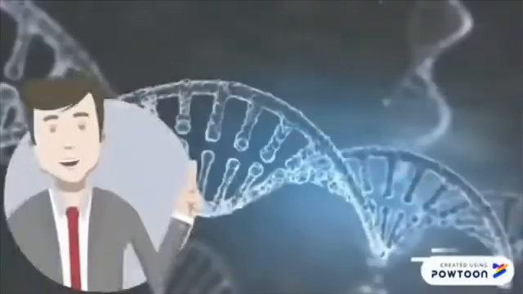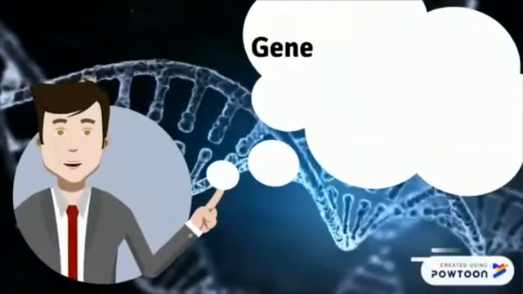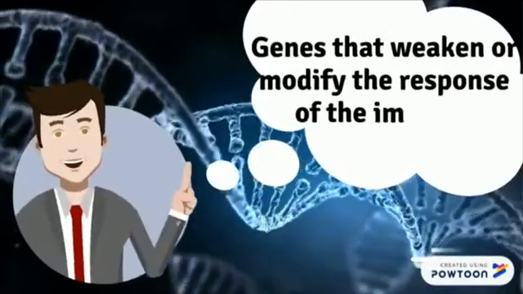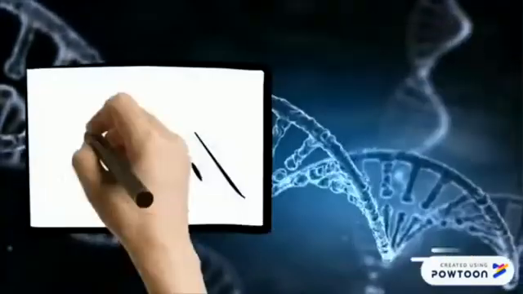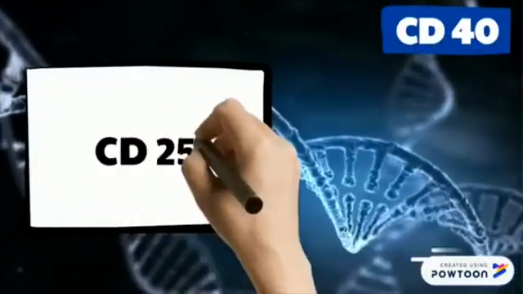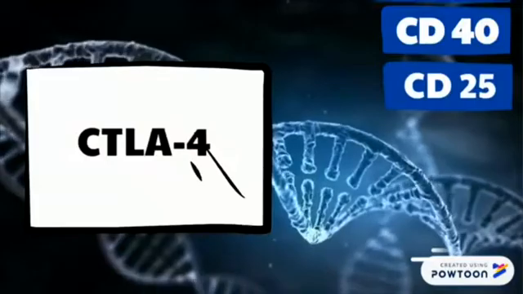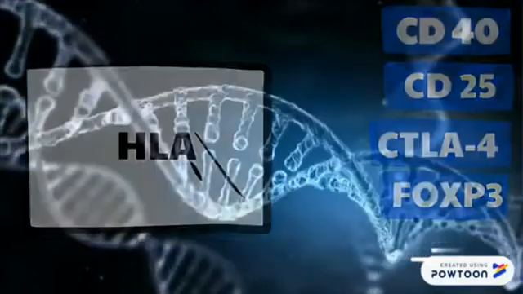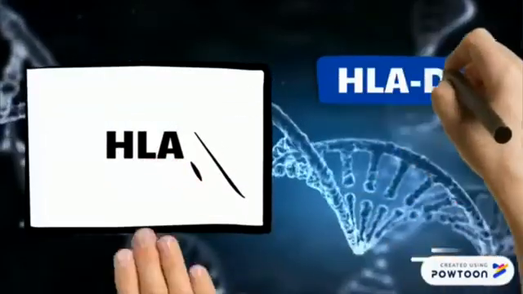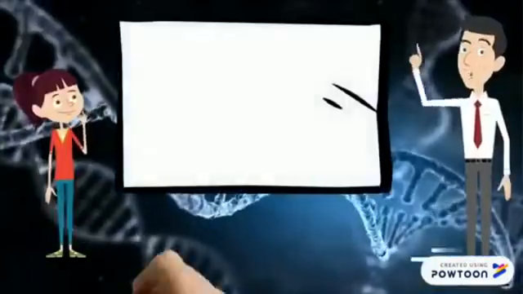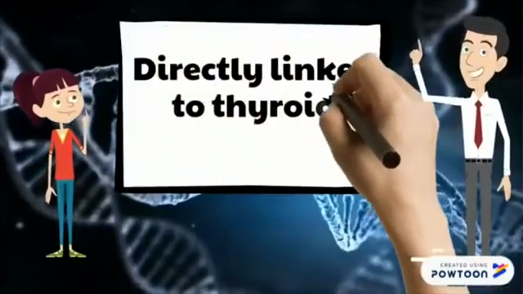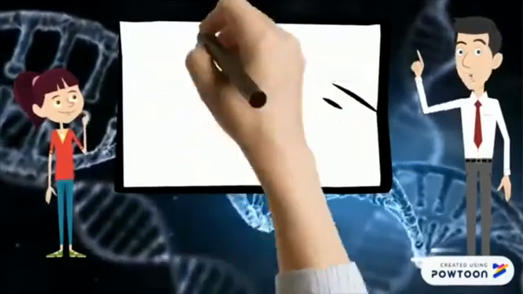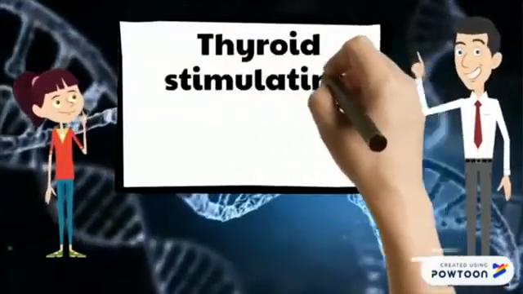The first are the genes that weaken or modify the response of the immune system, which are the CD40 gene, CD25, CTLA4, FOXP3, and HLA genes, particularly HLA-DR3. And the second are the genes that directly link to thyroid function, such as the thyroglobulin and the thyroid-stimulating hormone receptor genes.